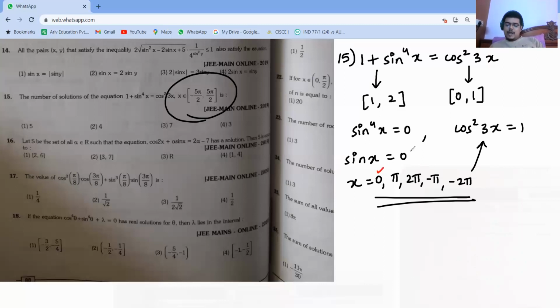When you put x as pi, नहीं Arush, when you put x as pi, it will be 3 pi. अच्छा वैसे. What is cos of 3 pi? -1 ना. cos 3 pi is actually -1, but यहाँ पे square है तो आंसर +1 आ जाएगा. So we'll actually choose this also.